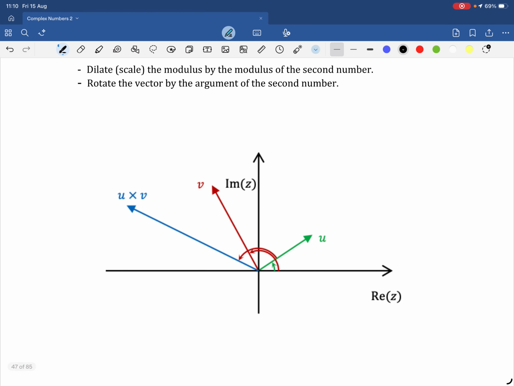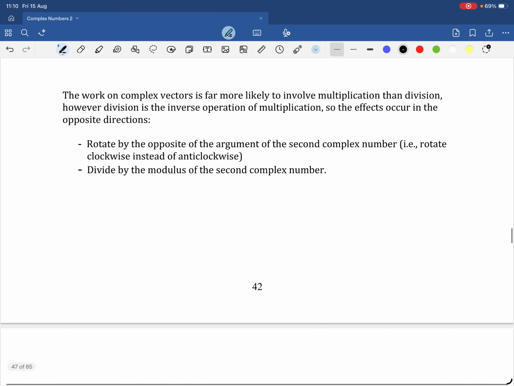So here we've got U and V, and then U times V, we can see, has been rotated to include the argument of V. So the argument of U times V is the argument of U plus the argument of V. We saw that in an earlier lesson when we learned about modulus argument form, and we looked at the idea that multiplying complex numbers means we add the arguments.